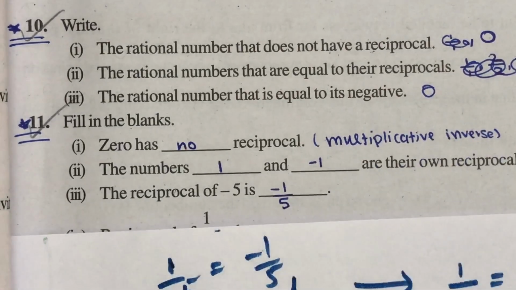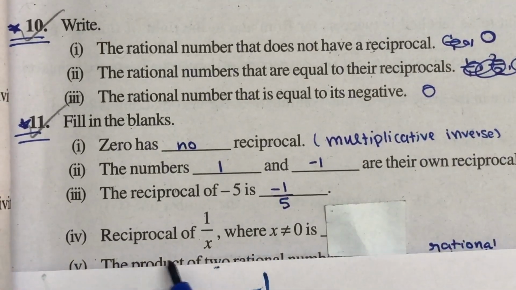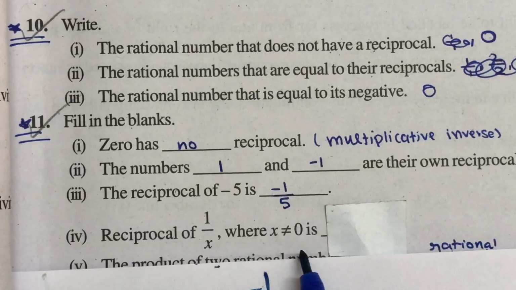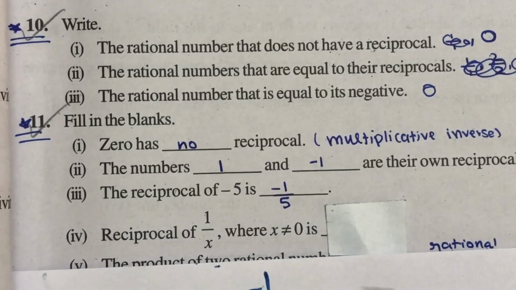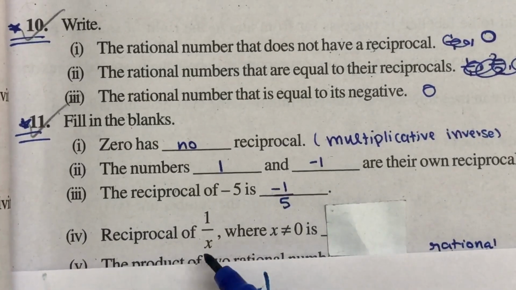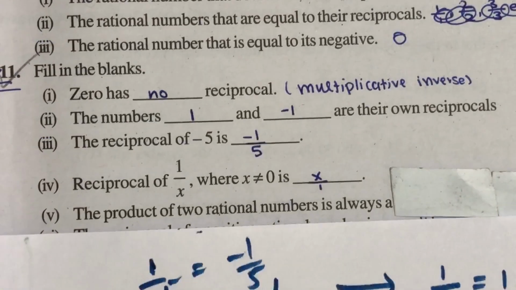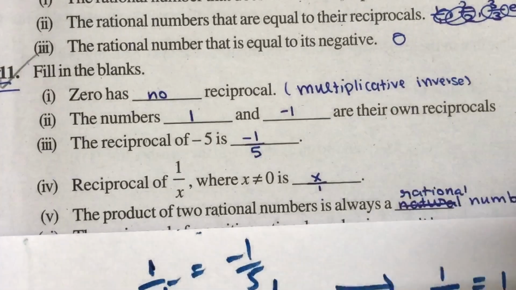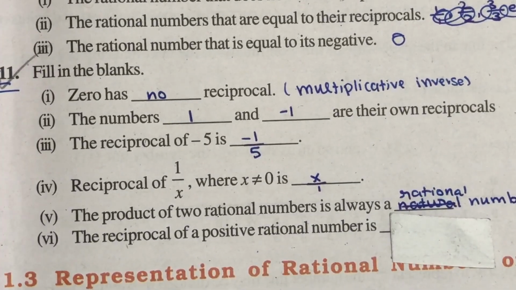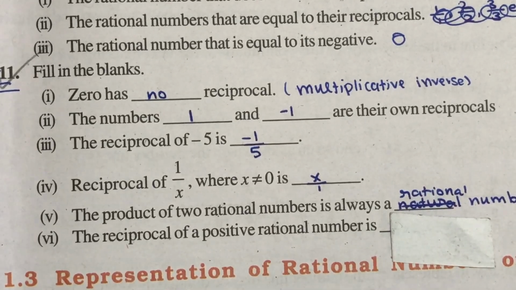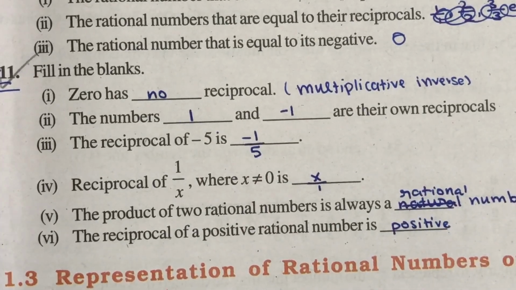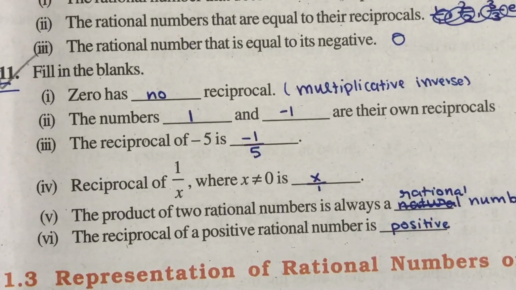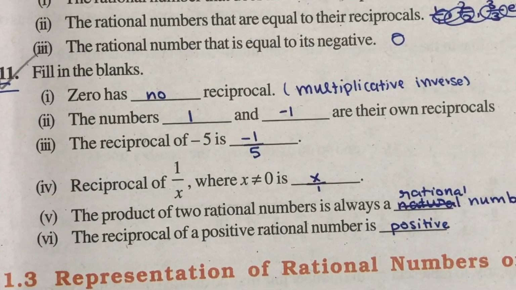Fourth, the reciprocal of 1 by x, where x is not equal to 0, is obviously x alone, right? Reciprocal means it's upside down. 1 by x means x is its reciprocal. Fifth, the product of two rational numbers is always a rational number. Sixth, the reciprocal of a positive rational number is positive. Similarly, the reciprocal of a negative rational number is negative only. The numbers only become upside down, but the sign remains as it is.